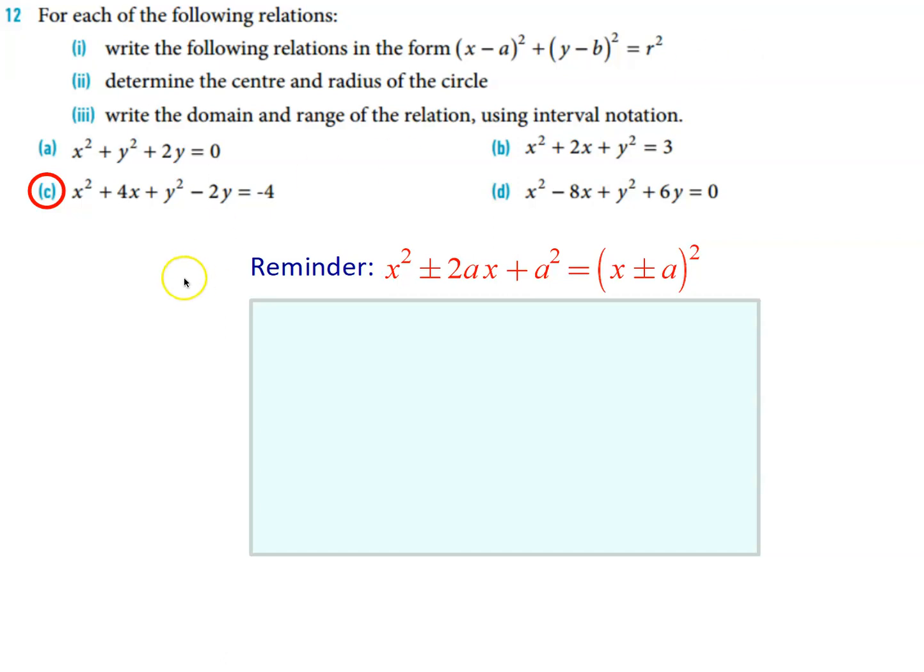So here's the equation that we're going to look at: x squared plus 4x plus y squared take 2y equals negative 4. And we've got to turn that into that. Hopefully your brain pulled out from the recesses of your long-term memory something that looks like that.